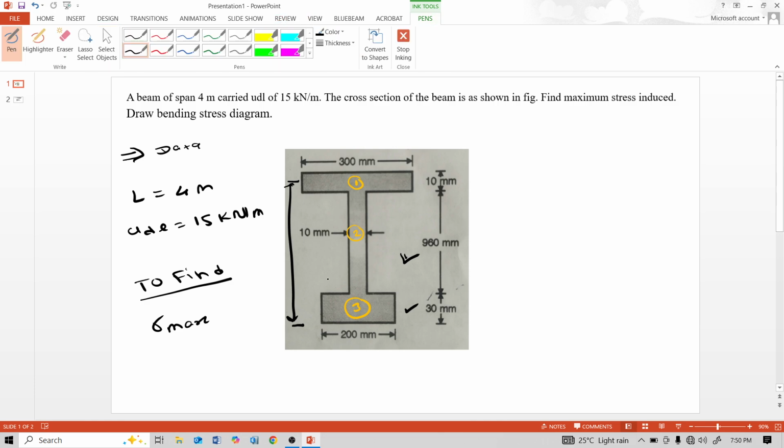Y2 is from bottom fiber to mid of this web distance. Y2 is this 30 plus 960 by 2, 510 mm.